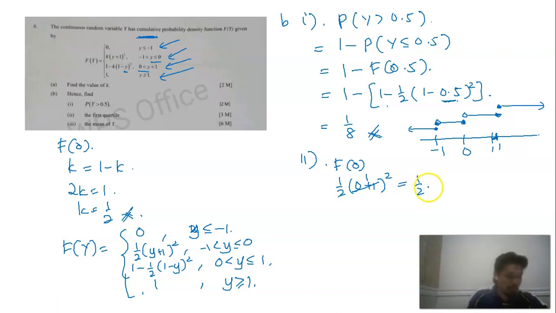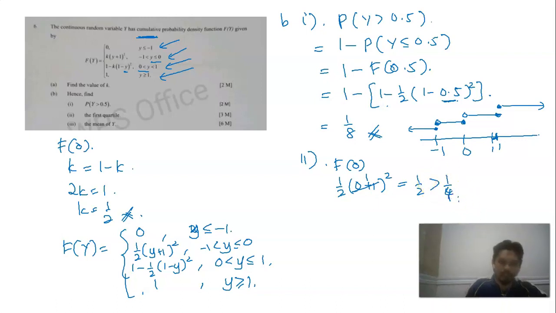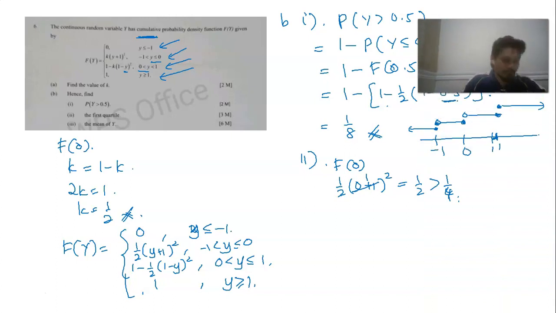But the question wants us to find the first quarter, which is 1 over 4. So let's make F(y) equal to 1 over 4. So 1 over 4 lies between -1 and 0.